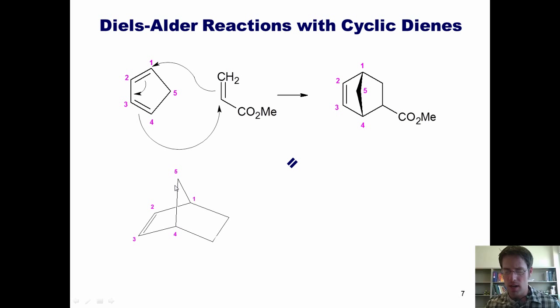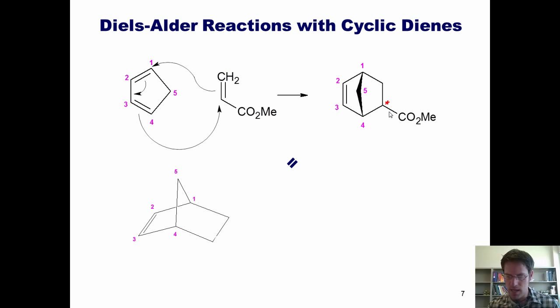Now, one thing that you should notice is that I've neglected to show how the stereochemistry ends up being at this position over here. Does the bond to our methyl ester right here end up going up or down in the product? In other words, should I draw this bond as being a wedge or a dash? The answer is both.